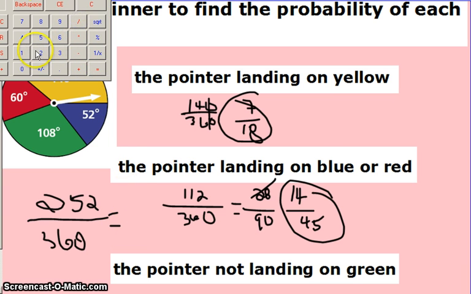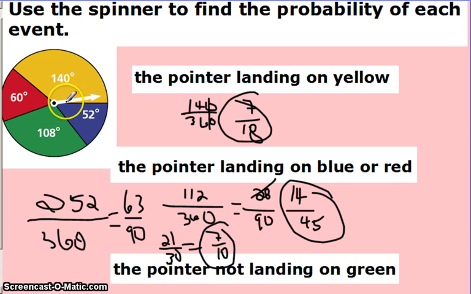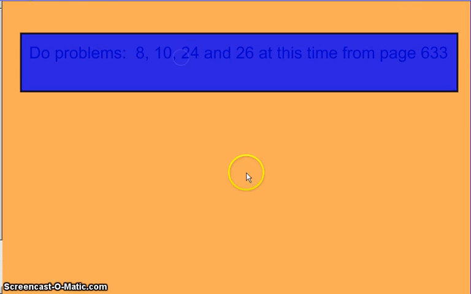Let's go ahead and divide that by 4, which would be, what, 63 over 90. And then we can take a 3 out of that, so we'd have 21 over 30. And then we can take another 3 out of that, which would be 7 over 10. And there we are. So these probability questions go pretty quick.